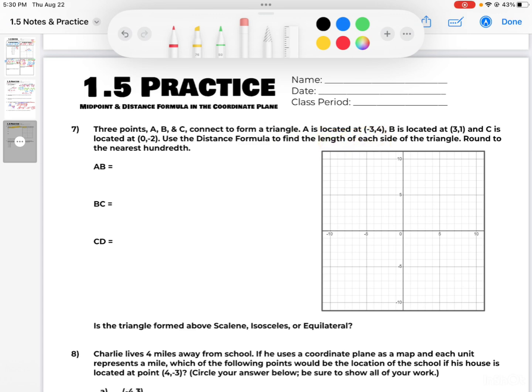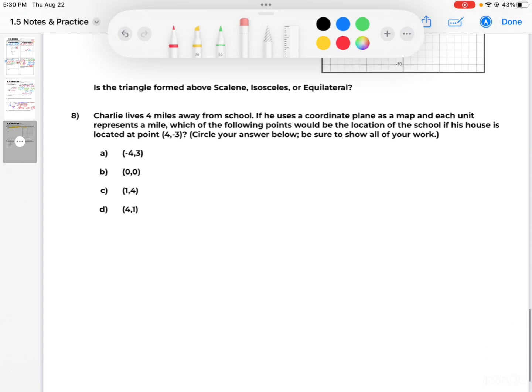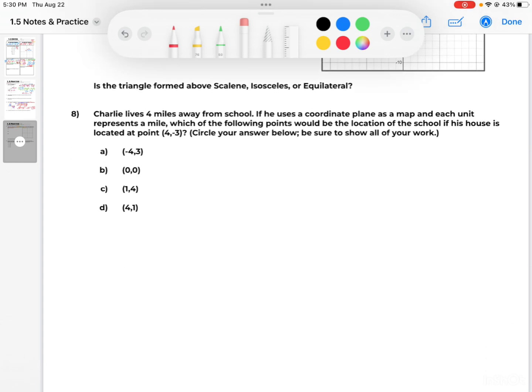And then lastly, on number 8, it says that Charlie lives 4 miles away from school. He uses a coordinate plane as a map, and each little unit or each little block is a 1 mile by 1 mile plot. Which of the following points would be the location of the school if his house is located at 4, -3?